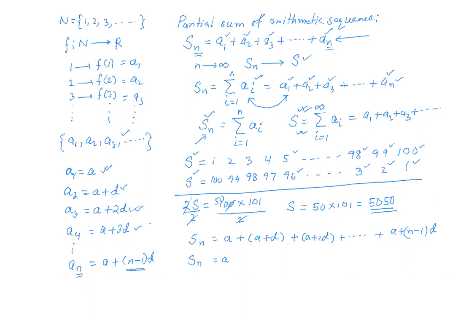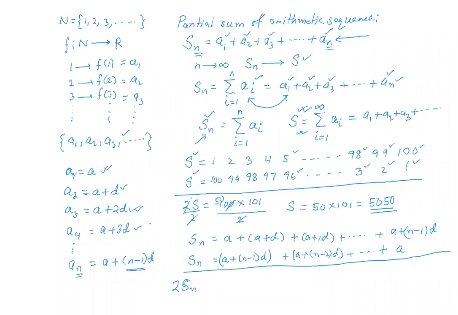In reverse order it is A plus n minus 1 times D, then A plus n minus 2 times D, plus dot dot dot, plus A, the last term. Now if I add these two, look what I get: 2 times Sn, 2 times the partial sum.